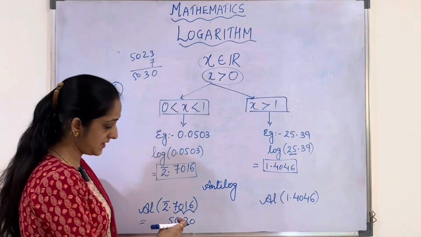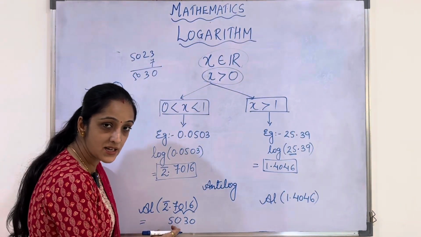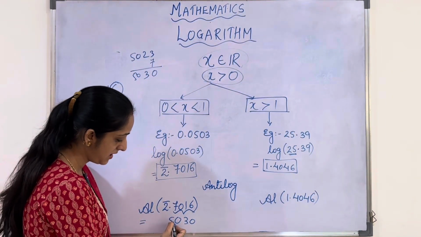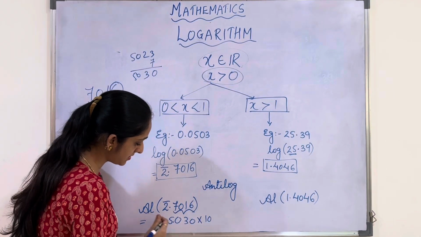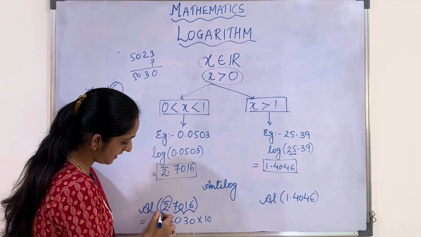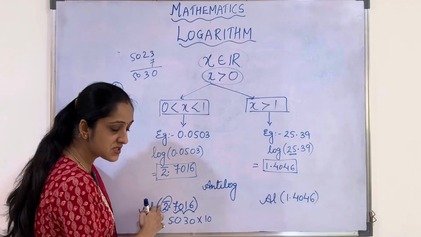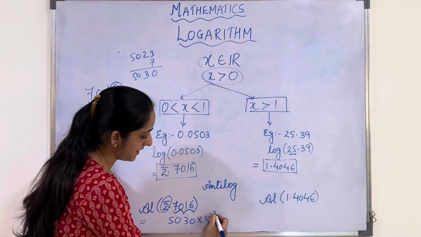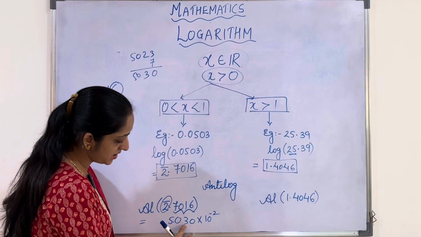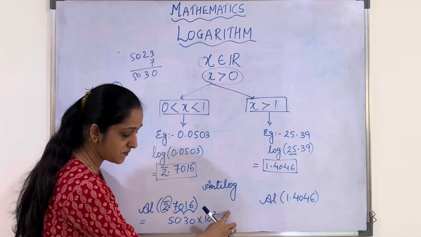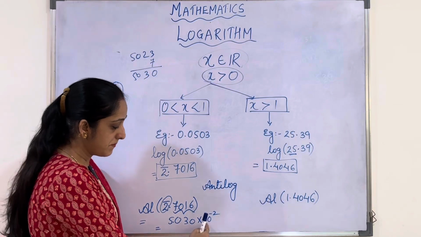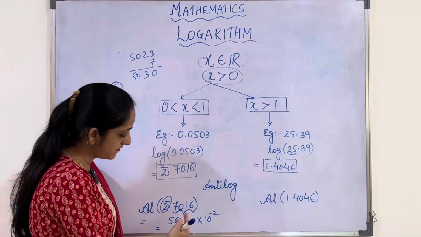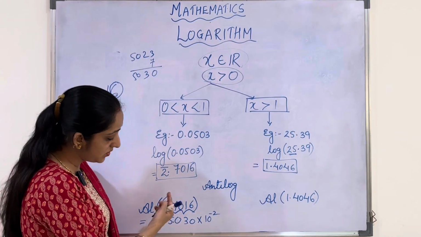Now after finding this number from the anti-log table, we always put the decimal after one digit and multiply by 10 raised to whichever number is there before the decimal. Now here it is bar 2. Bar 2 means it is minus 2. So 5.030 into 10 raised to minus 2. Whenever we multiply any number by 10 raised to a negative power, the decimal is always shifted to the left side.